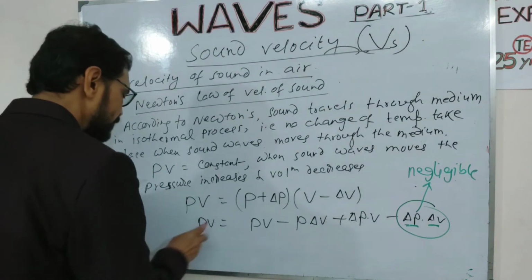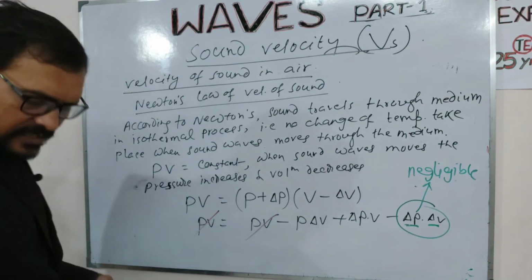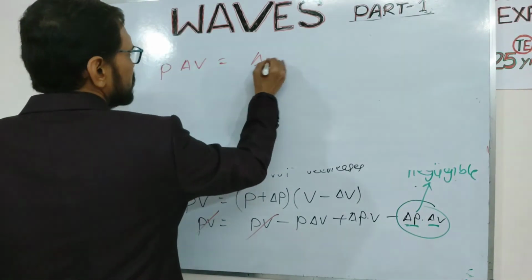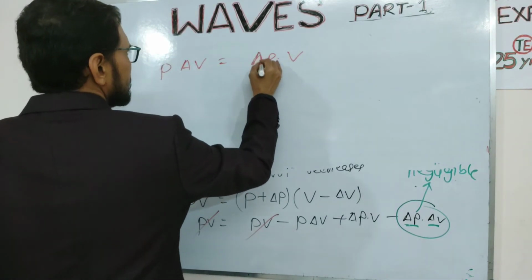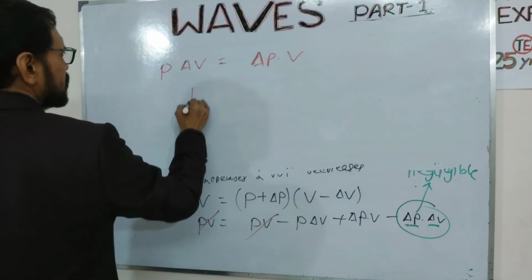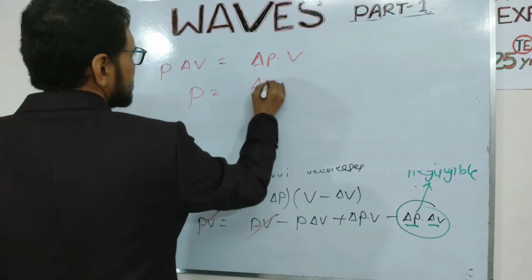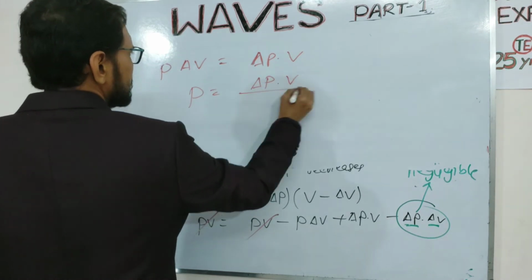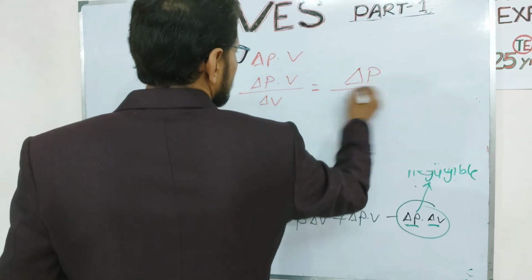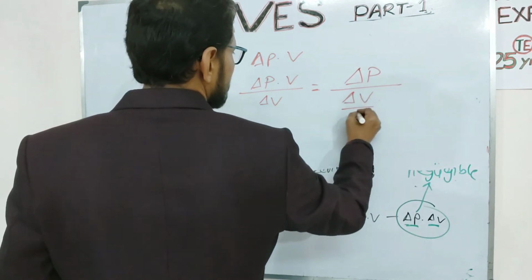Now this cancels. So we get P del V equal to del P V. So P equals del P into V by del V, that is del P by (del V by V).